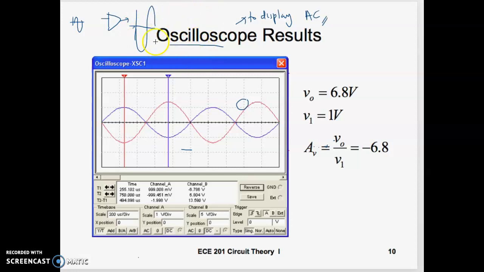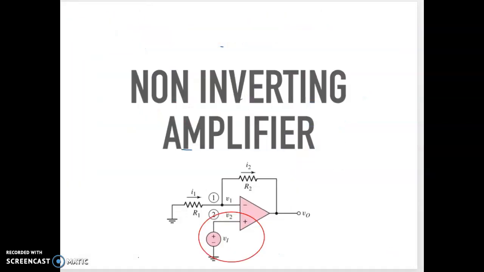You need an oscilloscope. If you see here, there is a blue and a red one. Your V in is 1 volt, and your V out is actually 6.8 volts. You can see the shape is inverted, which means this is an inverting amplifier. So that's all for the inverting amplifier.